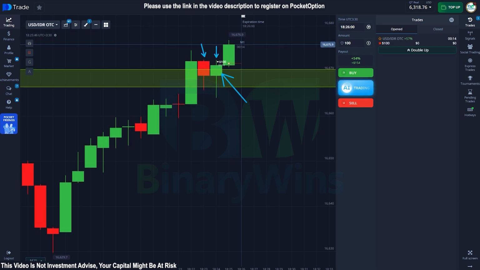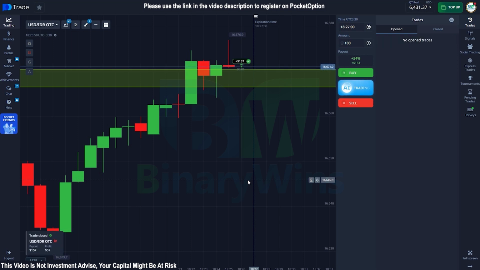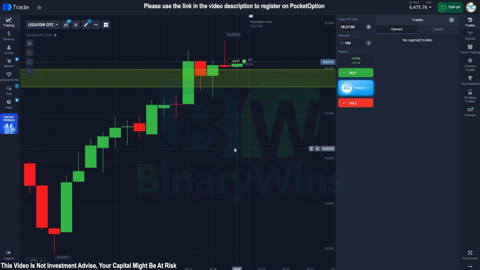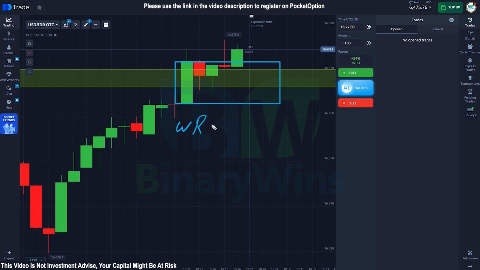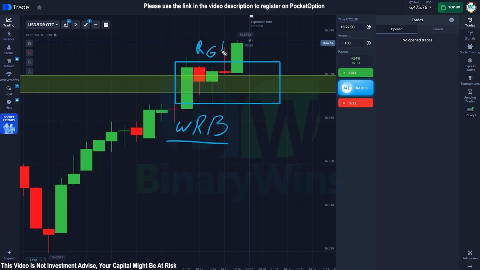So there's a possibility of a red candle forming. Great. We can also see a WRB pattern here, right? Red, green, red.